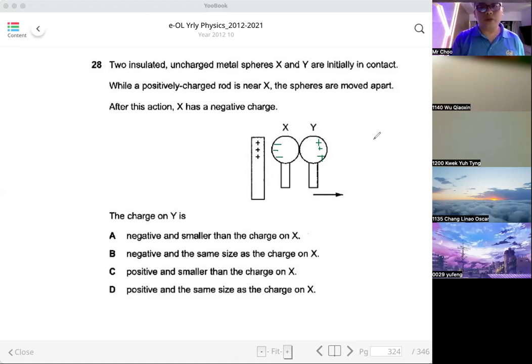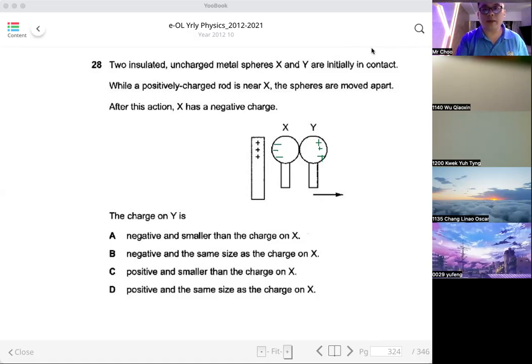After that, you move the spheres apart. Once you move the spheres apart, the electrons cannot jump from one sphere to the other anymore. So these 3 negative charges, after you remove the positive charge rod, will all spread out.